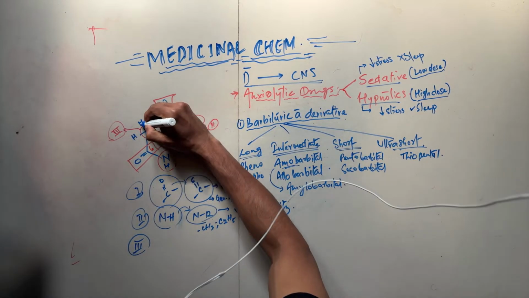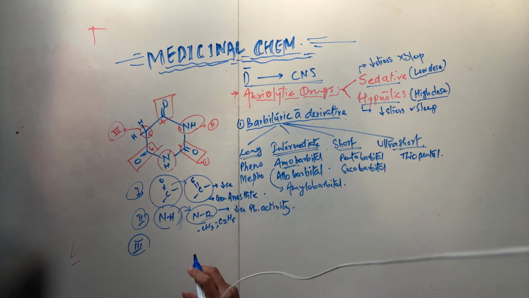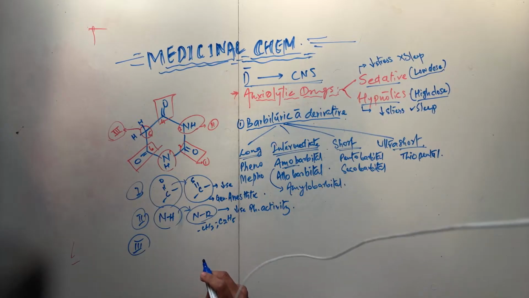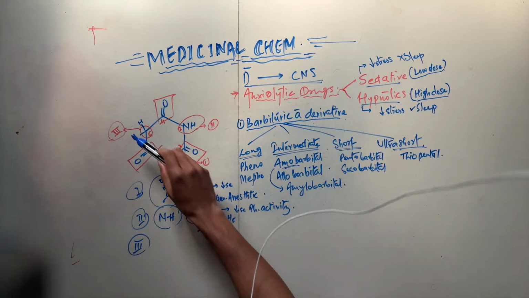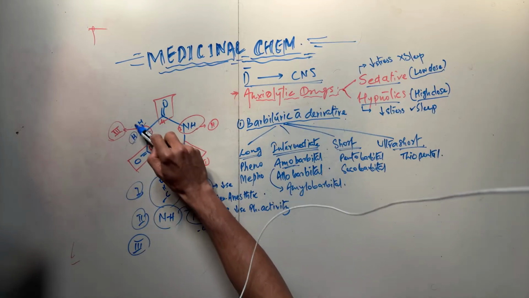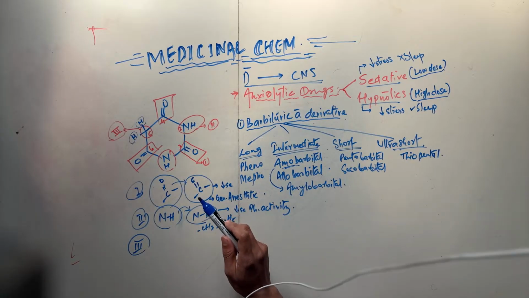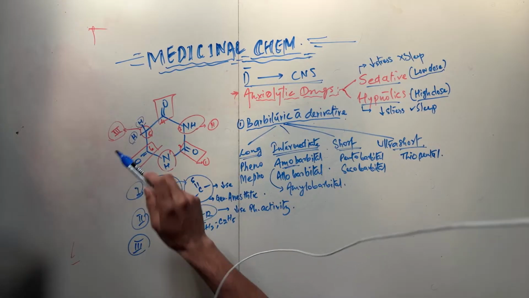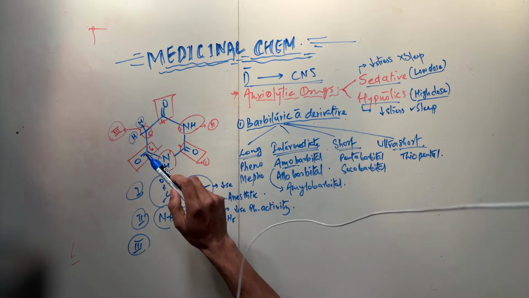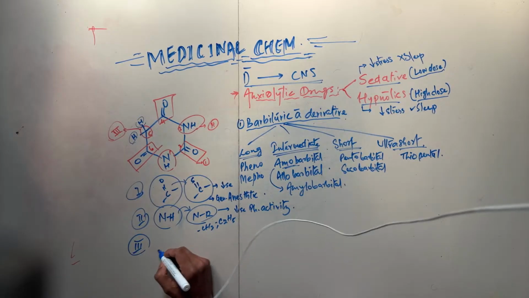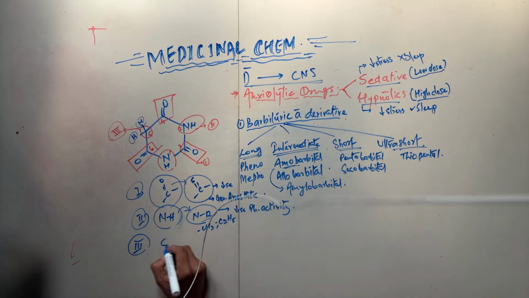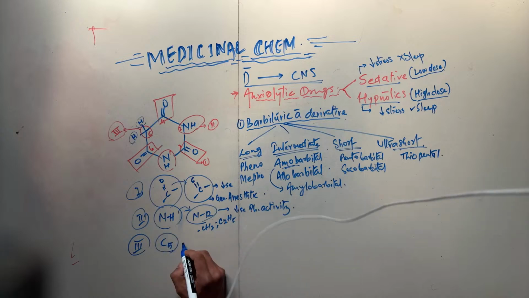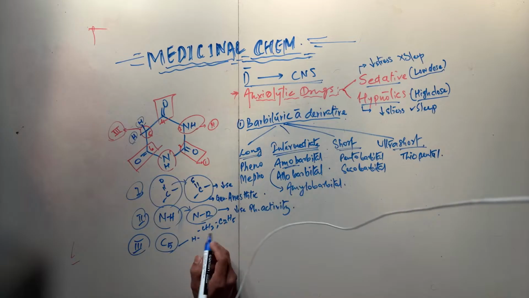Now in the third modification, on the fifth position, if two hydrogen atoms are present, then those compounds have less pharmacological activity. See, at fifth carbon C5, three possibilities are there. Number one, two hydrogens.